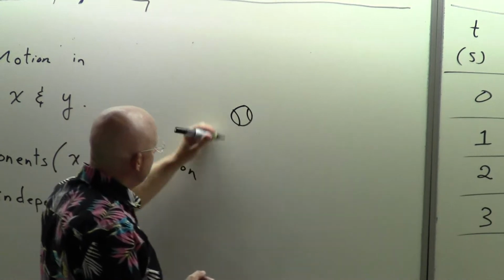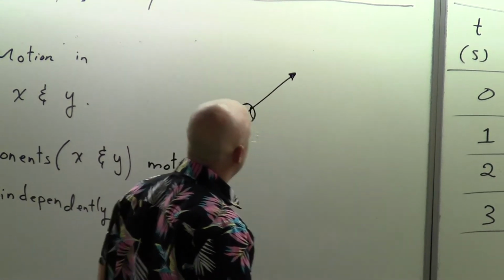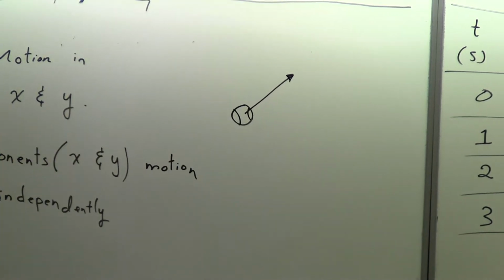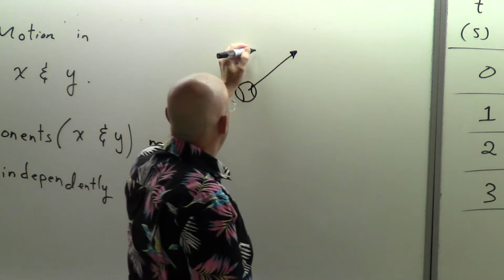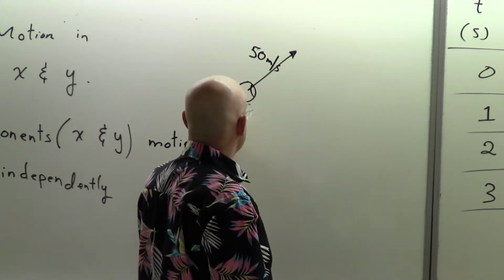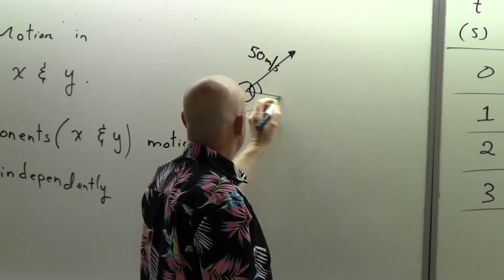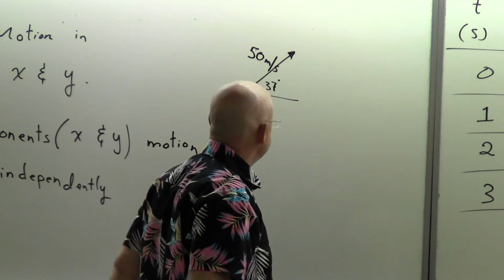But this time I'm going to give the ball a little nudge here, something like this, if you will. And I'll give it a really large speed. Why don't we do this 50 meters per second at 37 degrees.